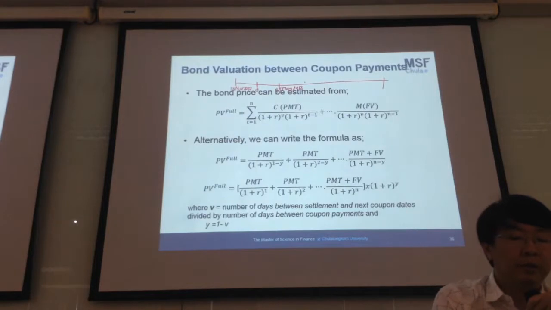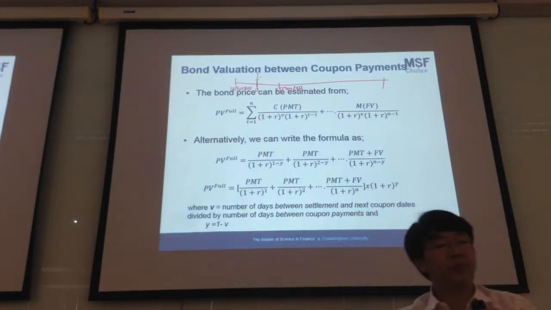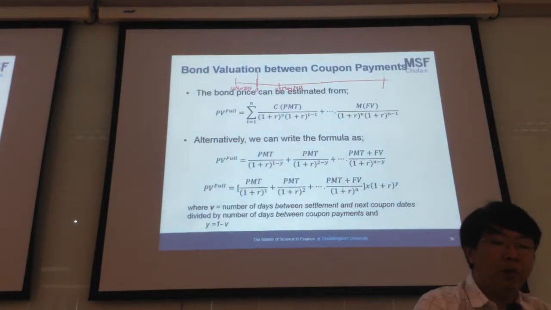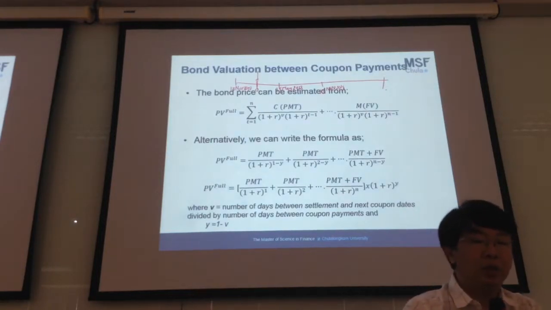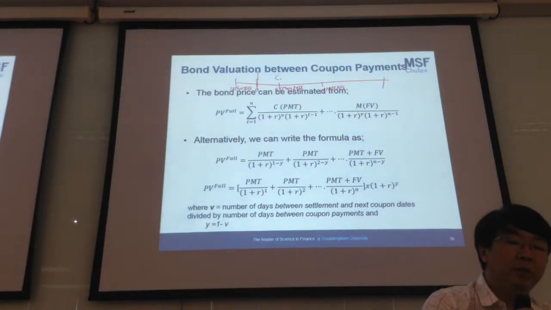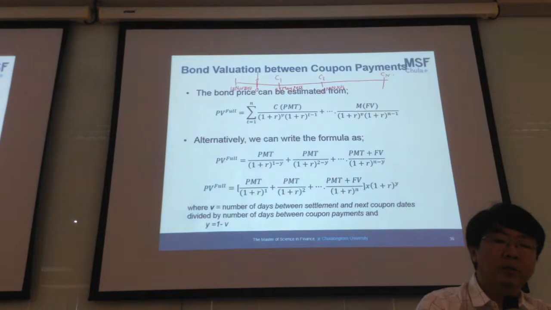You price the bond here, and then the next coupon will be 15 November 2018, and so on until the maturity date. So this is the first coupon payment, the second coupon payment, until the end plus the face value.